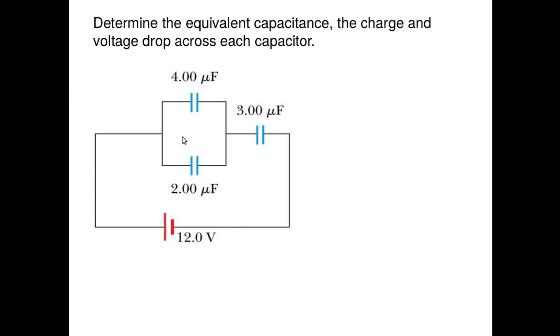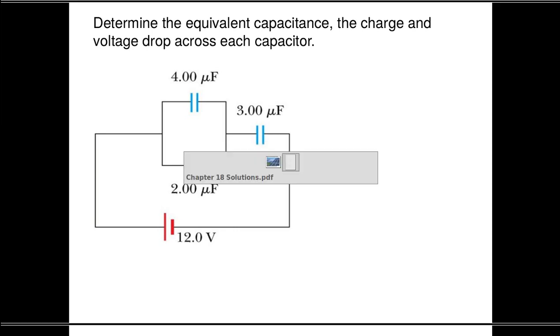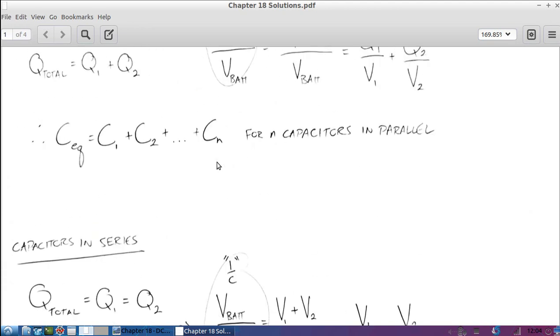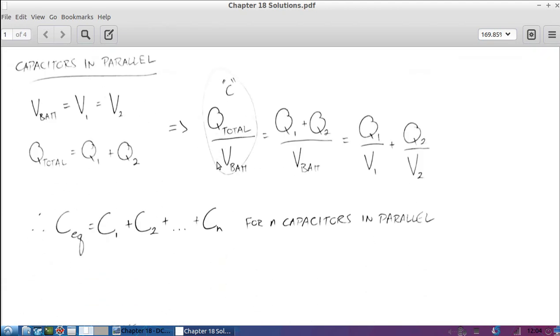But this 2 capacitor system is in series with this capacitor. So what I want to do is I want all of my diagrams to look like this.